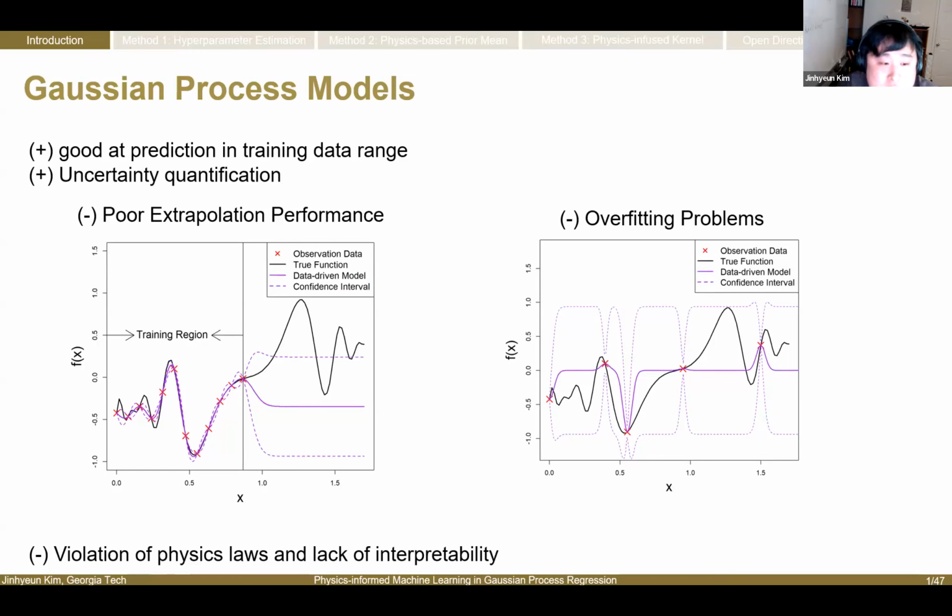It leads to the violation of physics laws and lack of interpretability. In this presentation, we focus on reducing overfitting problems and reducing the violation of underlying physics laws given in the system. It may lead to improved generalizability of the model and improved extrapolation performance as well.